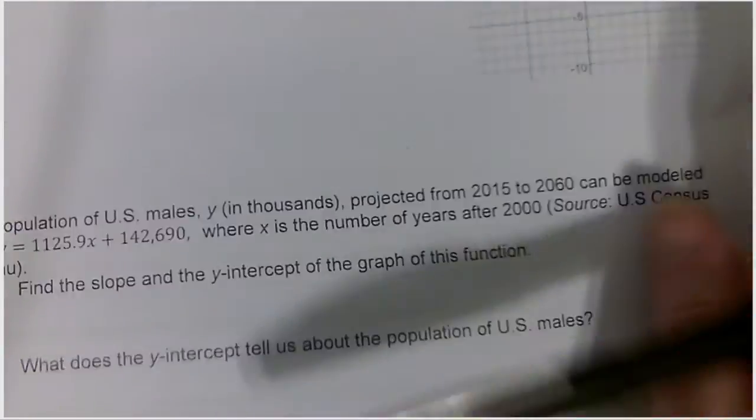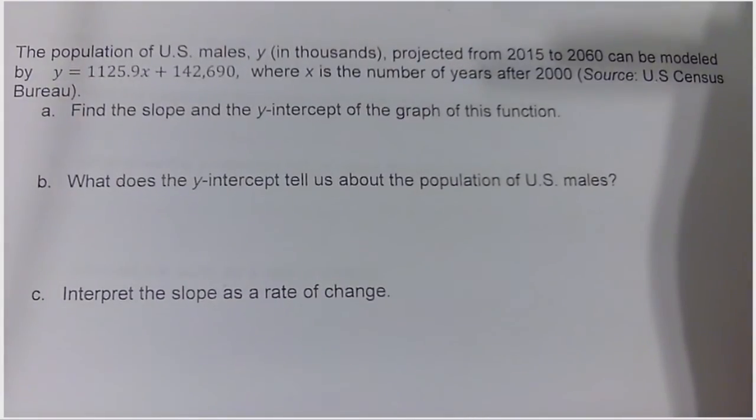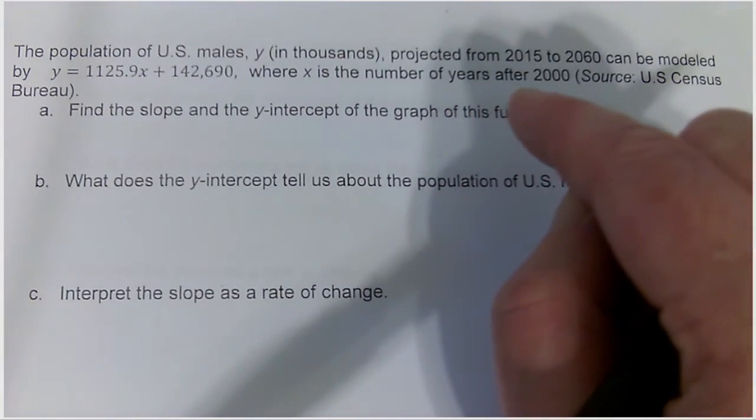All right. Last example in this section. The population of U.S. males, measured in thousands, projected from 2015 to 2060, can be modeled by this equation. x is the number of years after 2000.